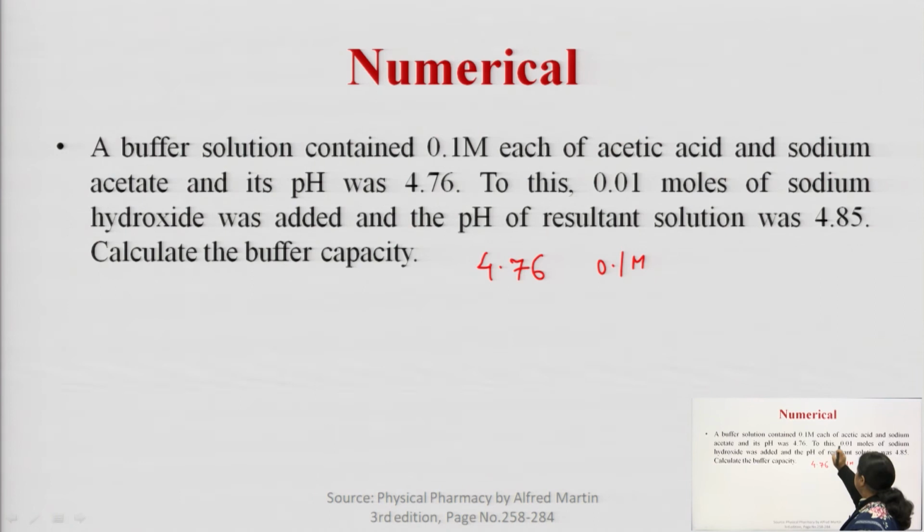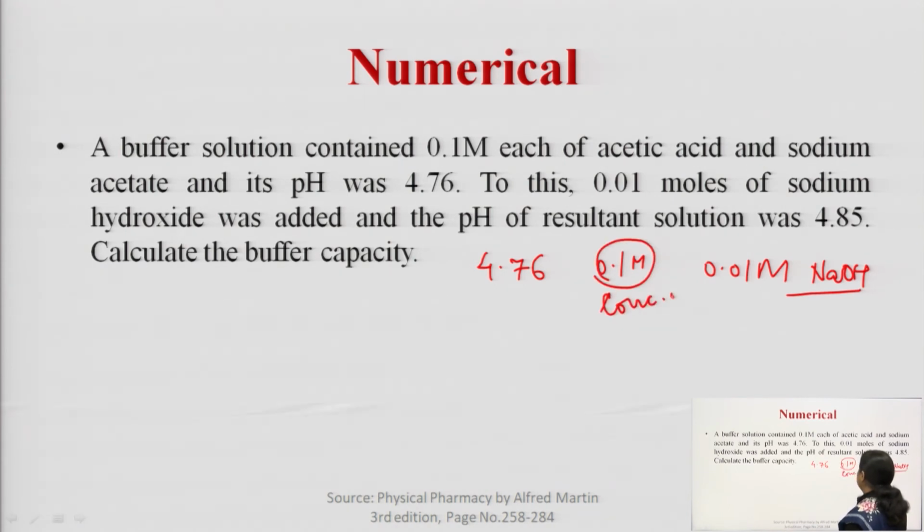It has two, this acetic acid and acetate, and to this 0.01 moles of sodium hydroxide was added. So, this is the amount of base that has been added, right, and this is the concentration of buffer, and this is the initial pH, and on the addition of sodium hydroxide, what is the pH that we get?